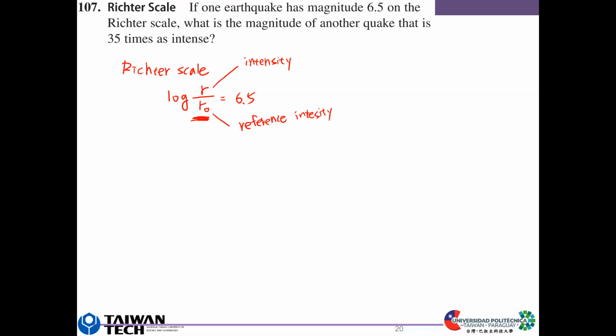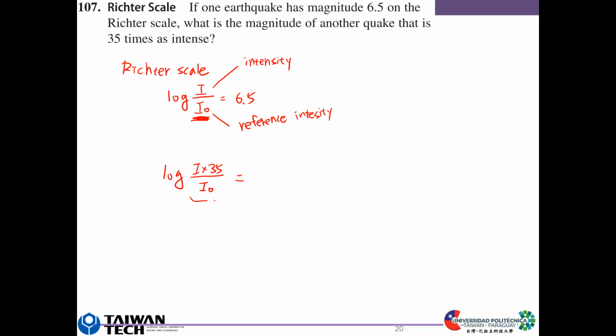The Richter scale is defined by log of the intensity, and because the textbook uses I, we follow what is defined in the textbook. It is log of I divided by I0, and it's 6.5. There's a new earthquake, and its intensity is 35 times the original one, and they have the same reference intensity. How can we solve this?